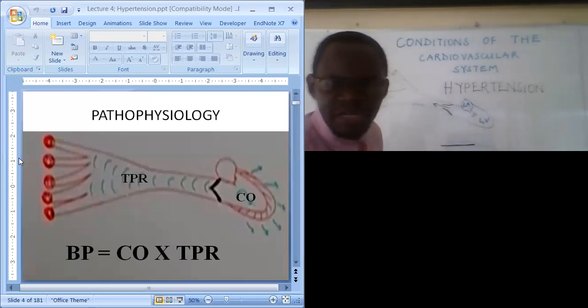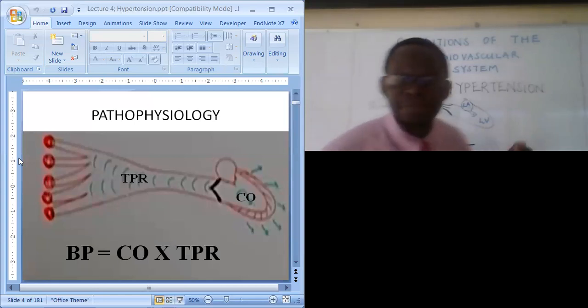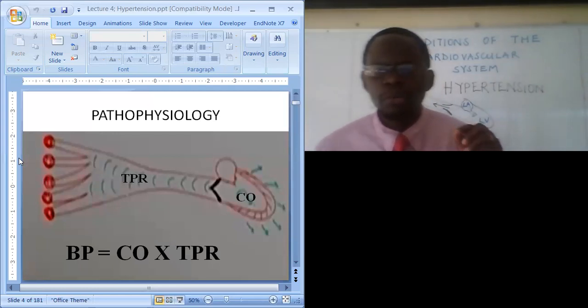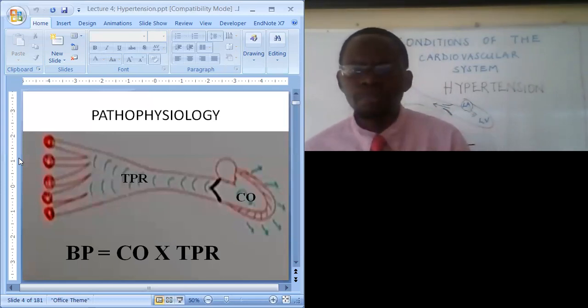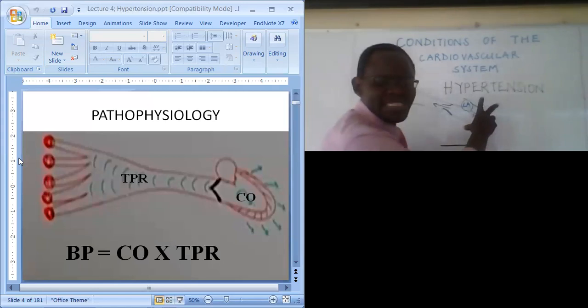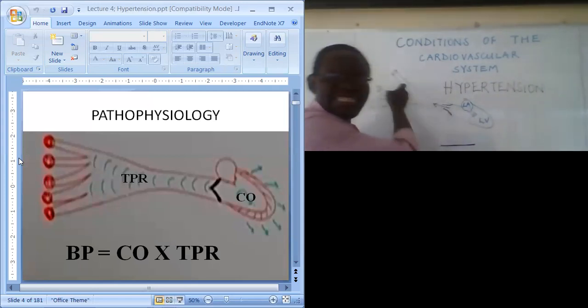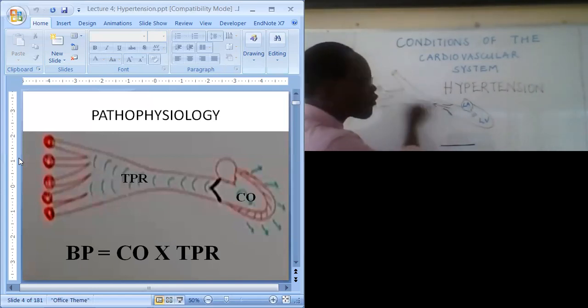The pressure with which the left ventricle contracts is dependent on the end diastolic volume, with respect to what we call the Frank-Starling law. So the pressure with which the left ventricle contracts is the same pressure with which the blood will be transmitted across the aorta.